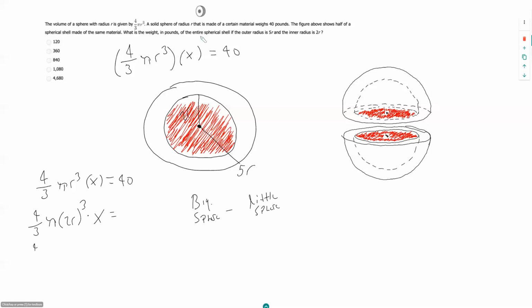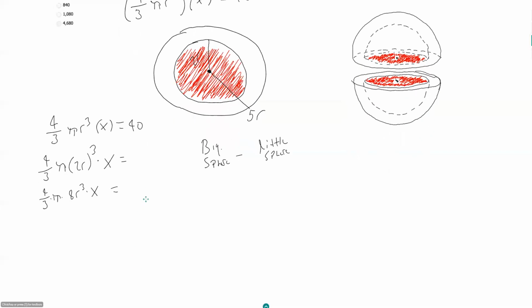So this will be 4/3 times pi times 8r cubed times x. So what will that be equal to? We know 4/3 times pi r cubed times x is 40, so let's pull that out first. We're left with just the 8. So this whole thing is just going to be 40 times 8, which is 320 pounds.